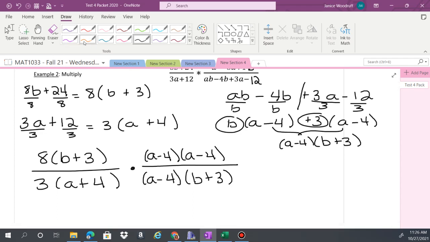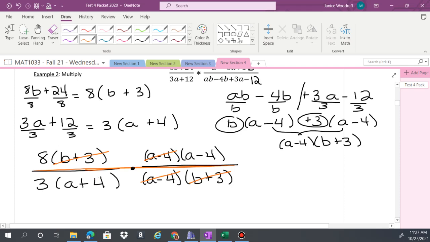Now what I'm going to do is take this line and extend it. And then if anything is the same on the top and the bottom, I can cross it out. So what do we got? I got 1 A minus 4 on the top and one of them on the bottom. B plus 3 on the top, B plus 3 on the bottom.